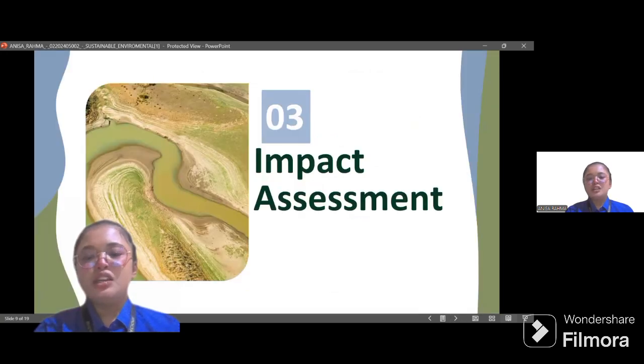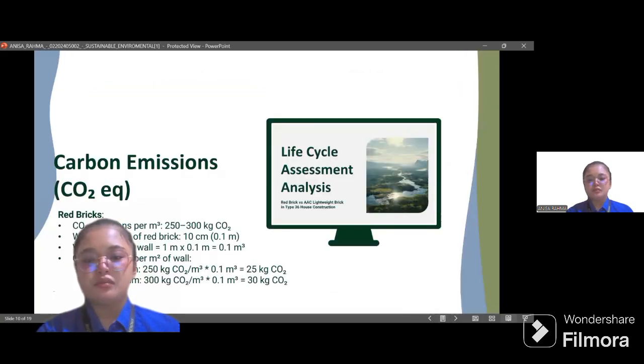The next part is impact assessment. This is the slide about carbon emission. In this slide, I will discuss the carbon dioxide or CO2 emission generated by the two materials being compared, namely red bricks and AAC brick.